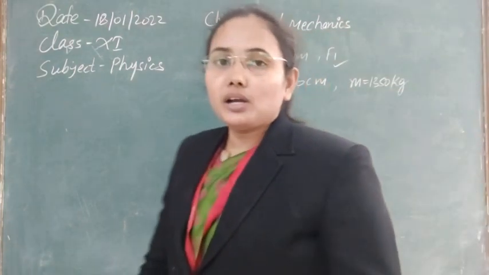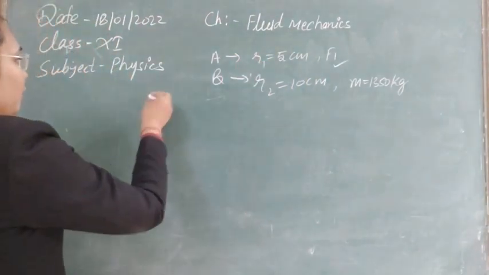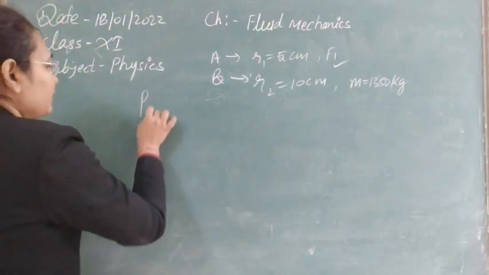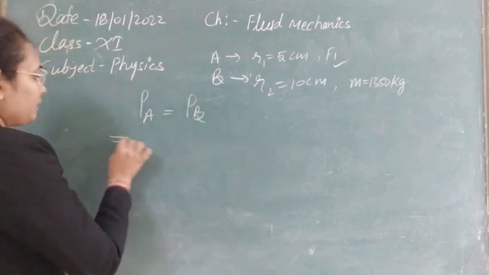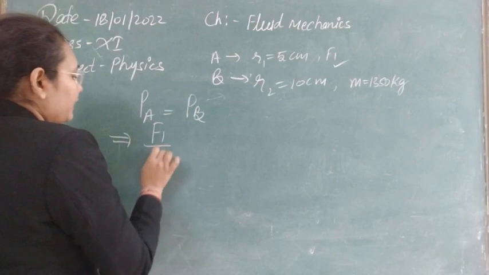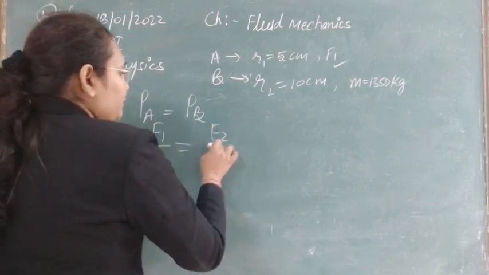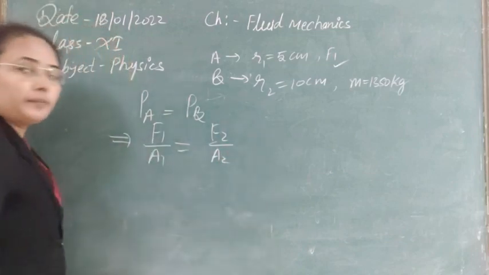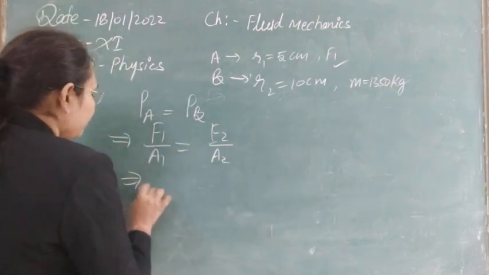So we can now use Pascal's law to calculate this F1. According to Pascal's law, pressure at A should be equal to pressure at B. It means that the force per unit area for A should be equal to the force per unit area of B. So from here we can easily calculate the value of F1.